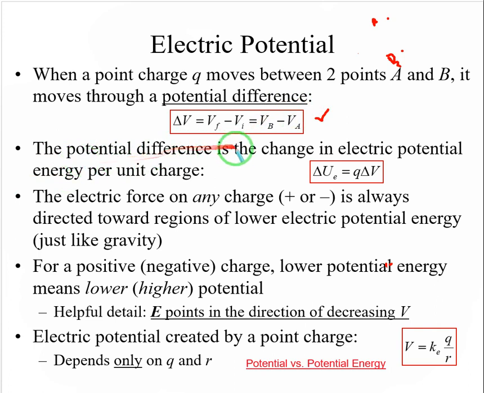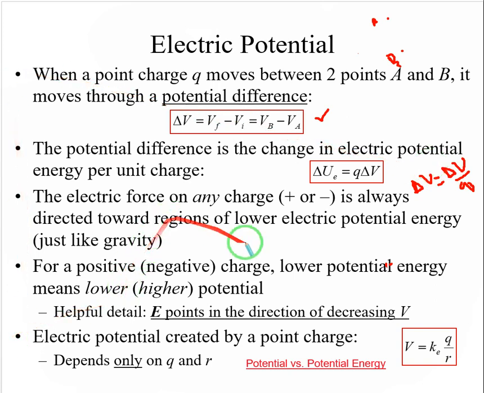The potential difference is the change in electric potential energy divided by charge, as we know from the formula we studied before. When there is a change in potential energy, there will be a potential difference.